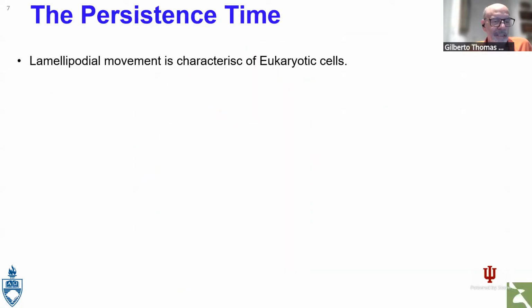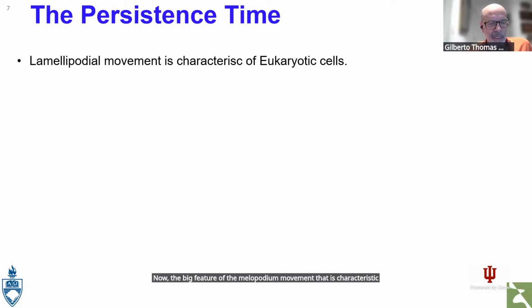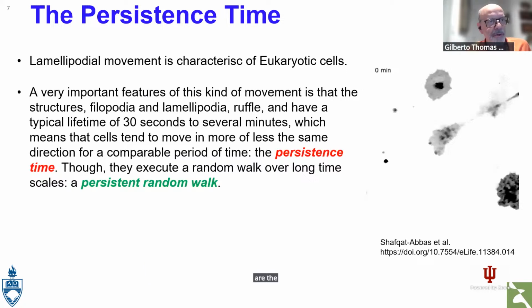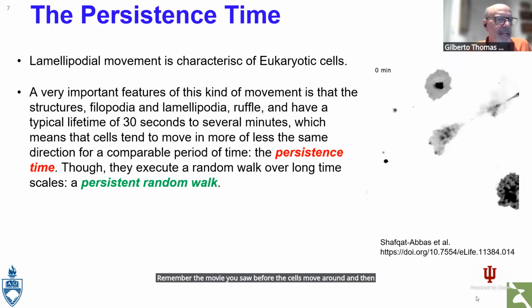Now, the big feature of lamellipodial movement that is characteristic of eukaryotic cells is persistence. Remember the movie you saw before? The cells move around and then decide to go in one direction.